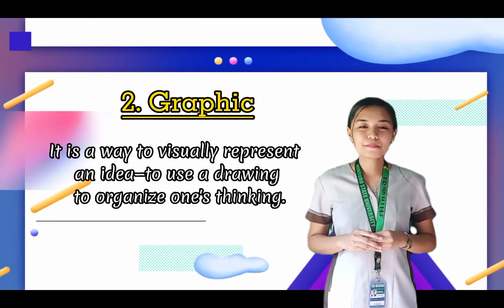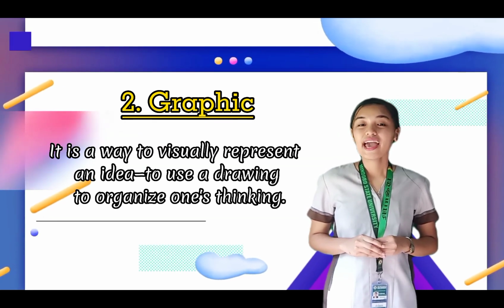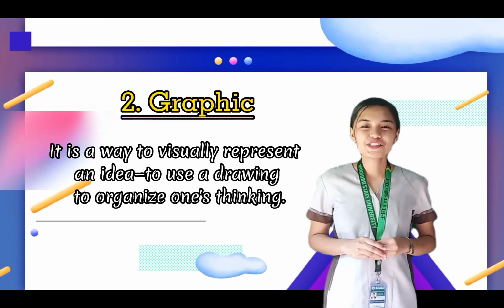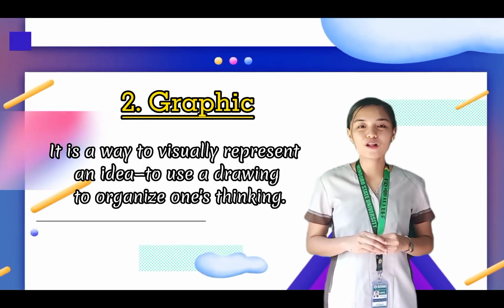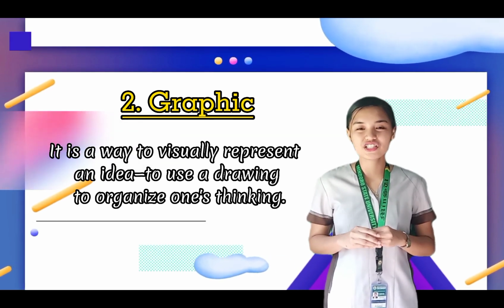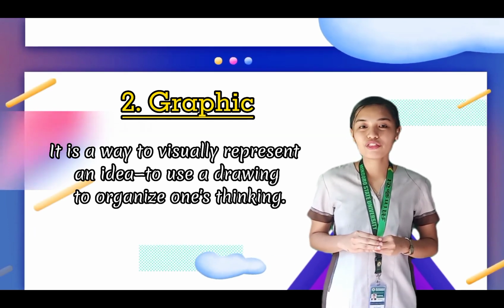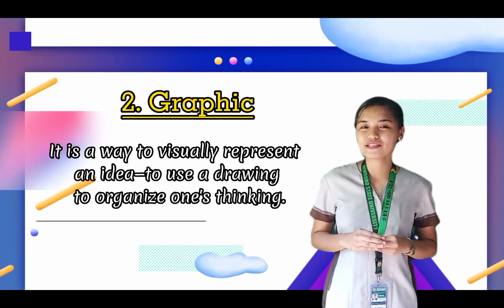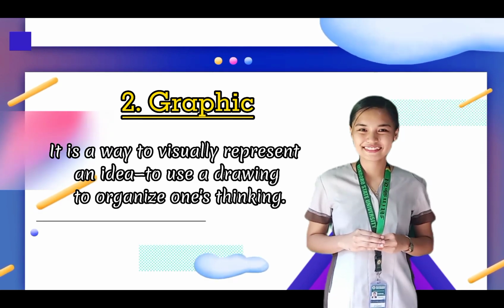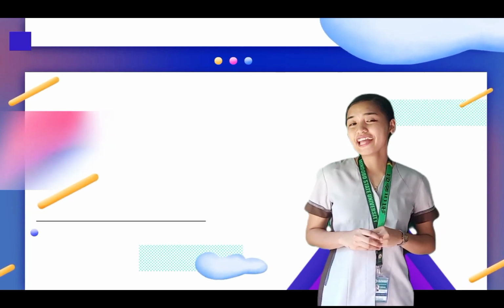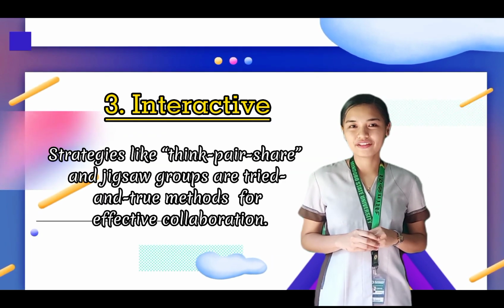Graphics are the mind maps, graphic organizers, and anchor charts. They are classroom staples, but they can also help students draw relationships between abstract concepts. It guides students through how to read them for maximum effectiveness. And the last and third category is the interactive.